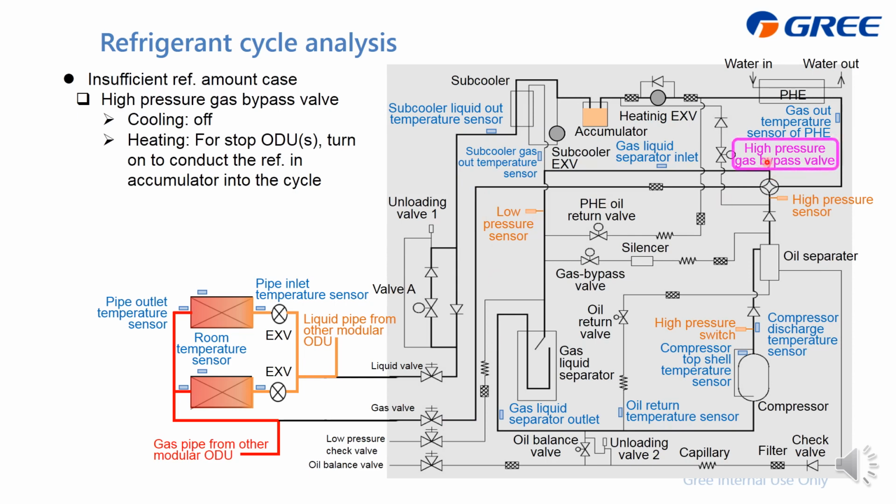We will use this high pressure gas bypass. When we go to here we will turn it on, then we will conduct this high pressure to this, and you can also find this is fully closed. This is a check valve, so you cannot get through it, only get into this accumulator to press this refrigerant out, which is conducted from here into the operating cycle.